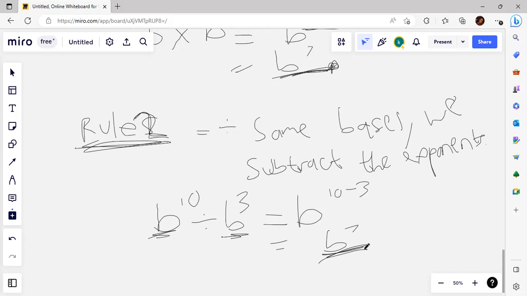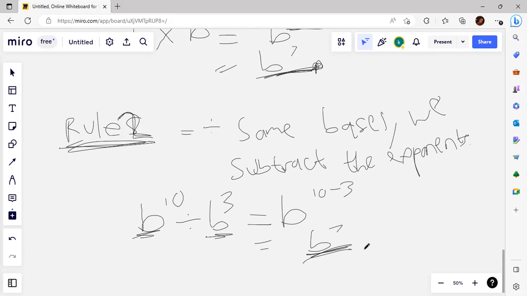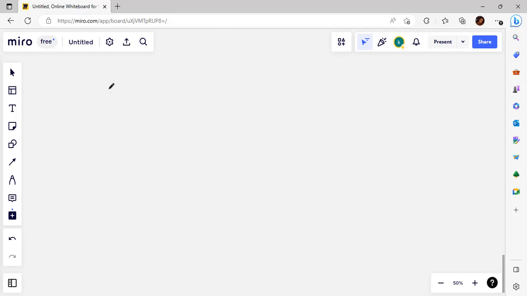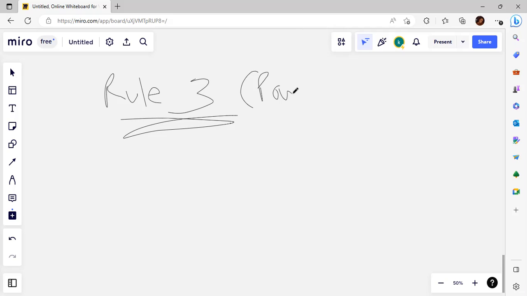Did you get that one correct? Our rule number 3 is basically the power rule. This is our rule number 3, and we call it the power rule.